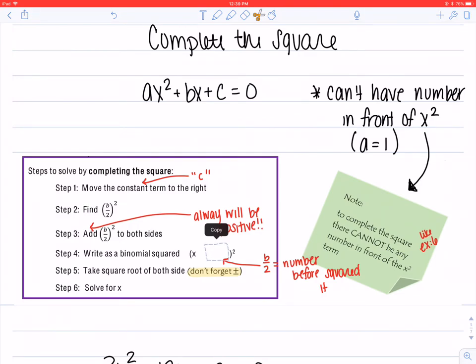Step 5, take the square root of both sides. Once you get done with steps 1, 2, 3, and 4, from there on out you're just solving. You have a squared, so to undo the square, you're going to square root both sides. Please don't forget, when you take the square root of both sides, you have to have plus or minus the square root of the number. And then the last thing you're going to do is just solve for x.